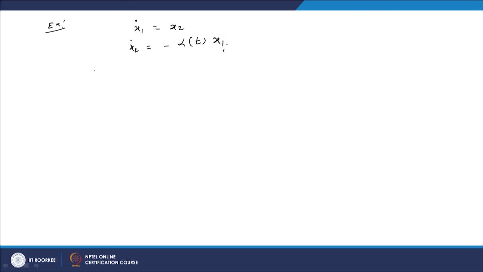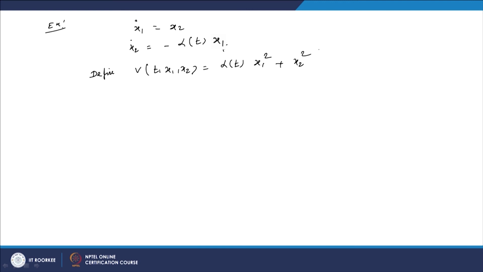So, in this case, define the Lyapunov function as this one, alpha of t into x1 square plus x2 square.